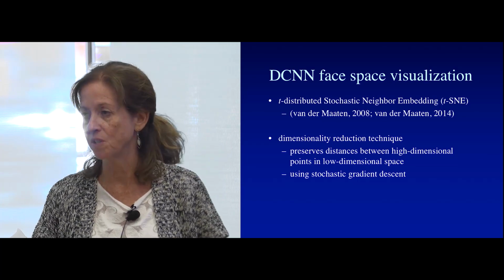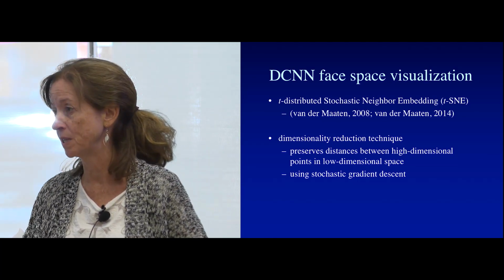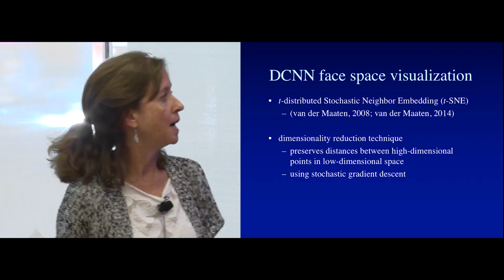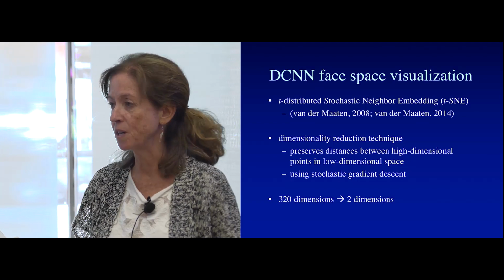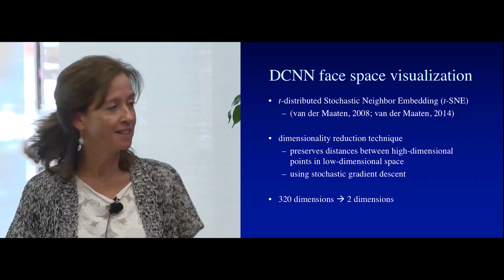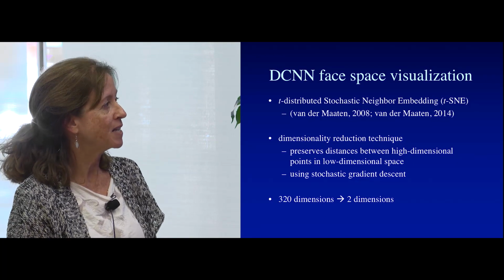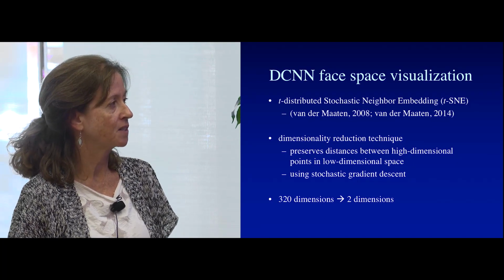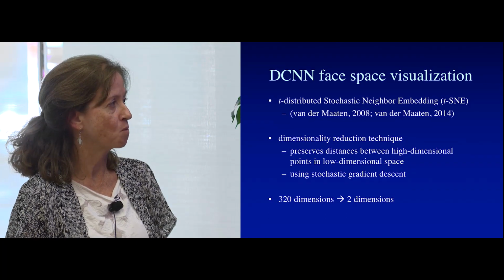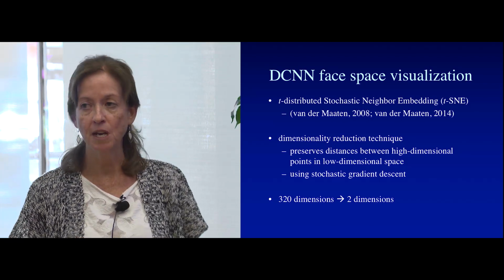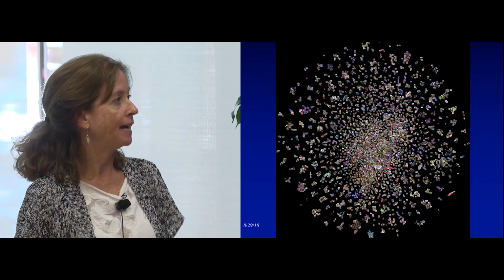So for those of you not familiar with it, you can think of it as a multidimensional space. If you want to know more about it, Matt is a specialist and he likes to talk about it. So what you're going to look at next is the Chen network, 320 dimensions compressed into 2.